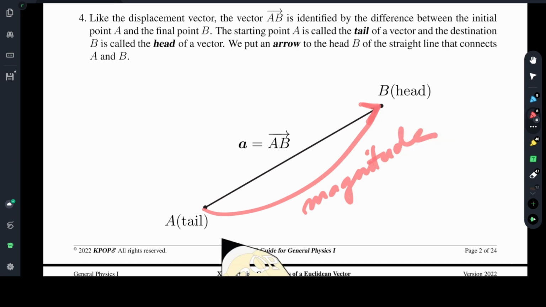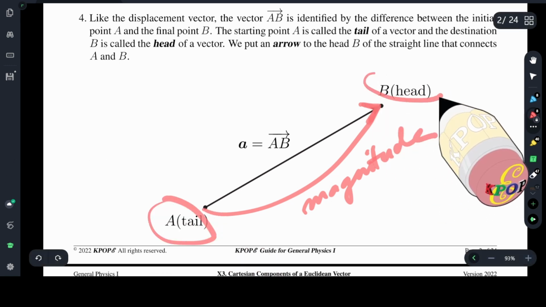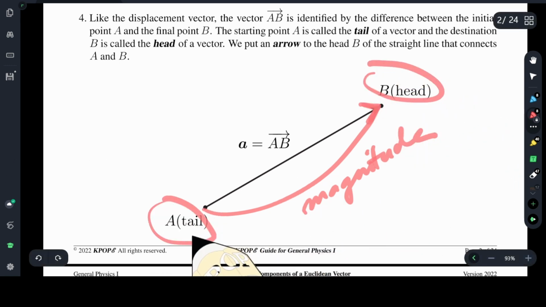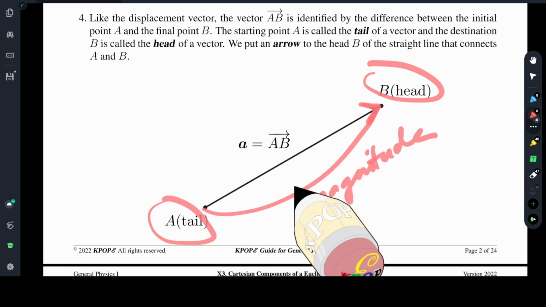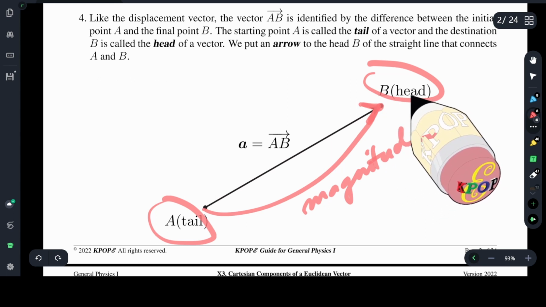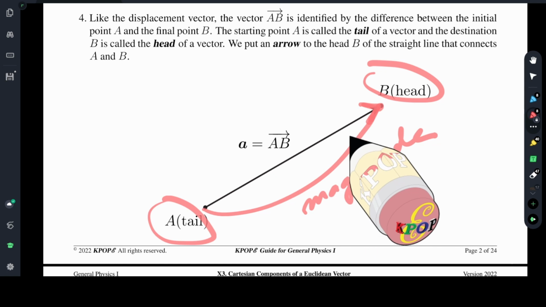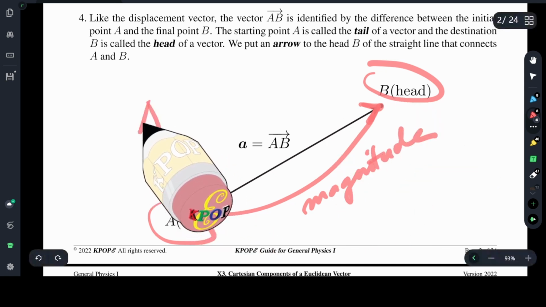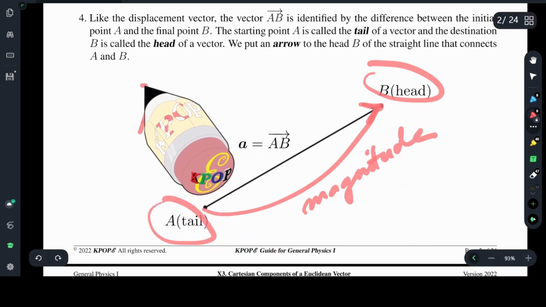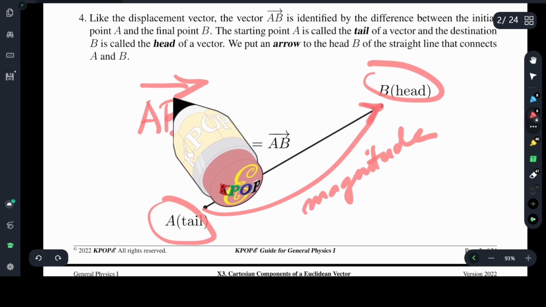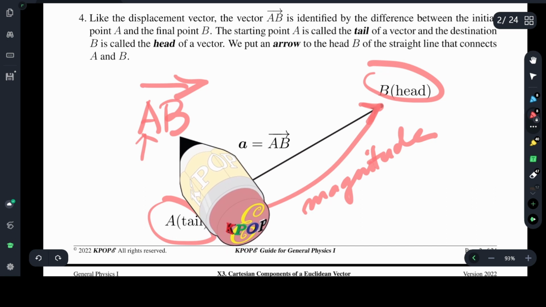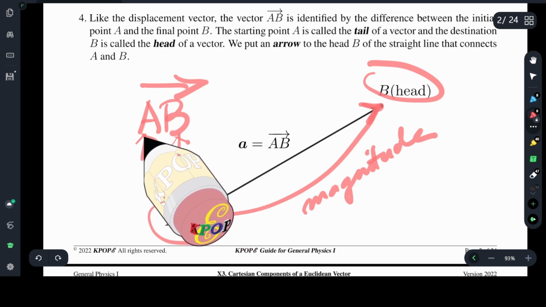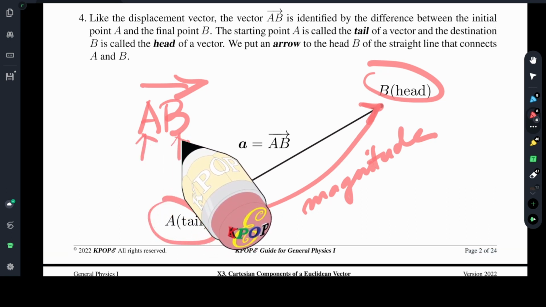In the displacement, the starting point is represented by the tail of the arrow, and the end point is represented by the head of the arrow. If we make use of two points, a starting point and an end point, we usually use this arrow to represent it: this is the tail and this is the head. This is the starting point and this is the end point.